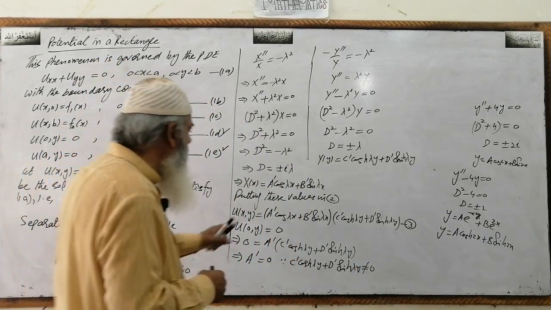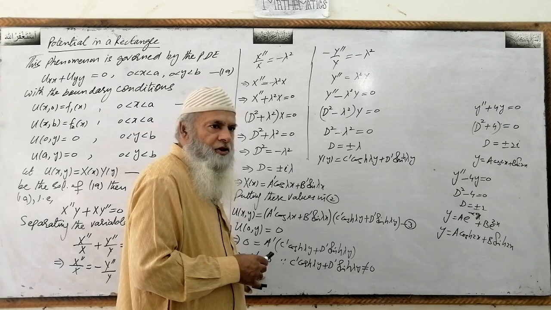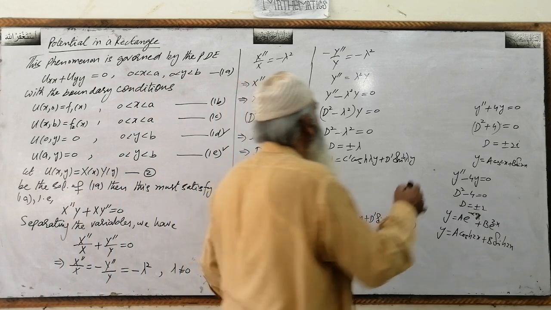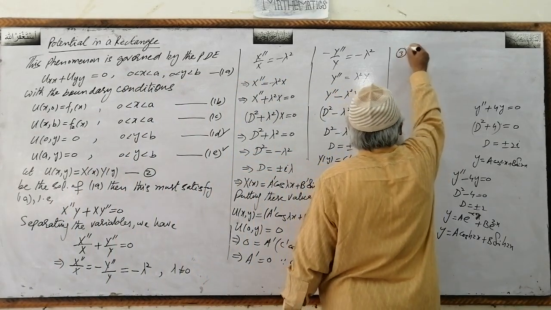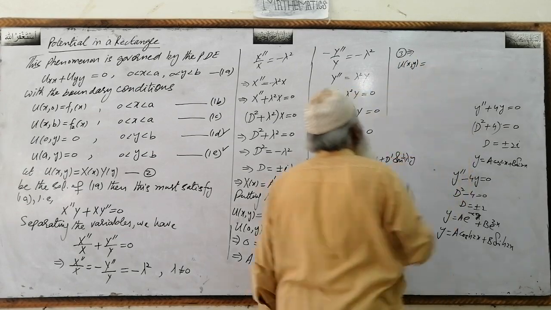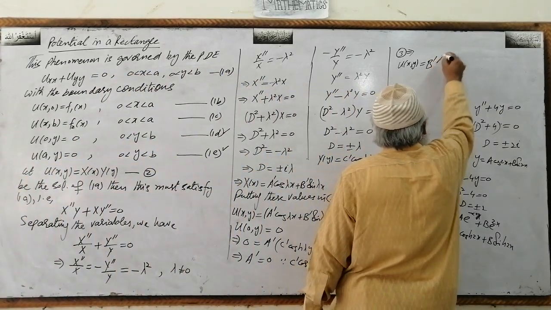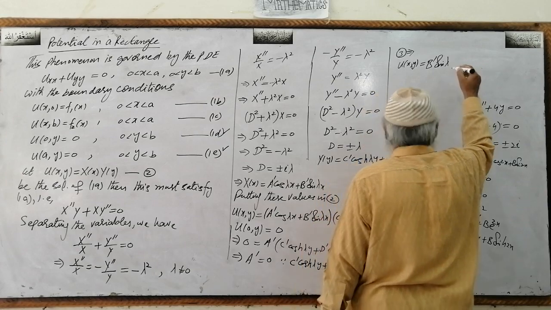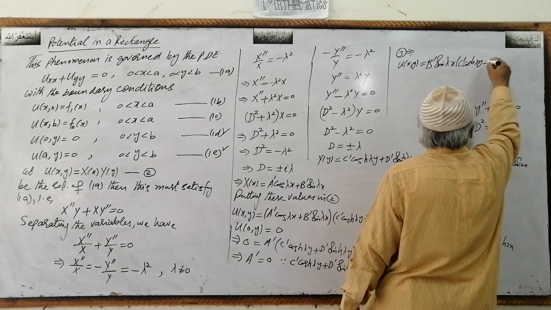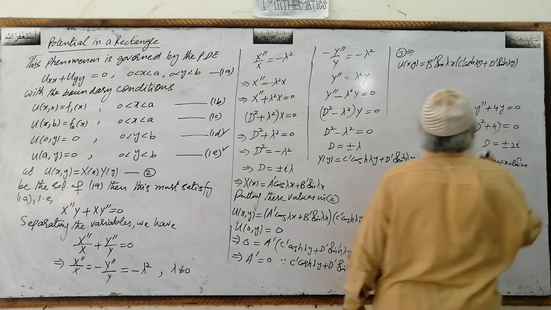Now out of 4 constants, we have found the value of one constant, a'. Putting this value in equation number 3, if you put a' is equal to 0, then obviously equation number 3 becomes u(x, y) is equal to b' sine lambda x into c' cos hyperbolic lambda y plus d' sine hyperbolic lambda y.